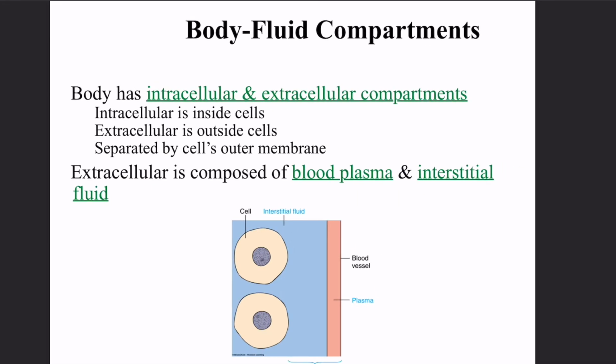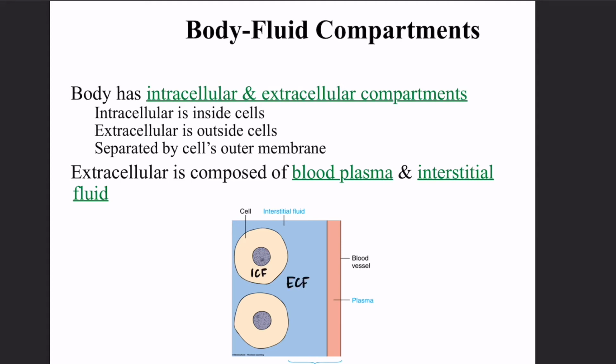So just to introduce some parts, our body has intracellular compartments as well as extracellular compartments. Intracellular means inside the cell, and we have fluid in there, which is called the intracellular fluid. And then on the outside of our cells, we have our extracellular fluid.